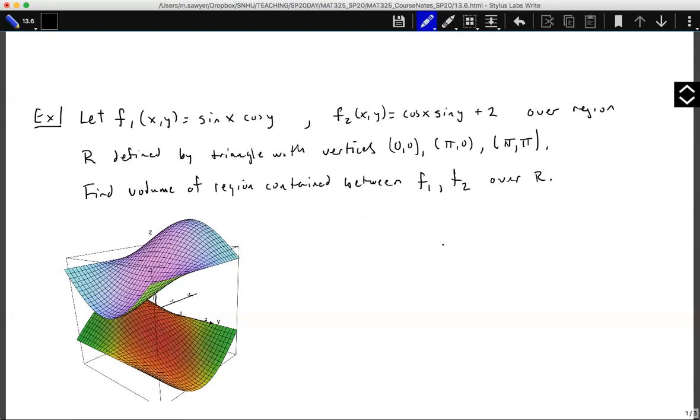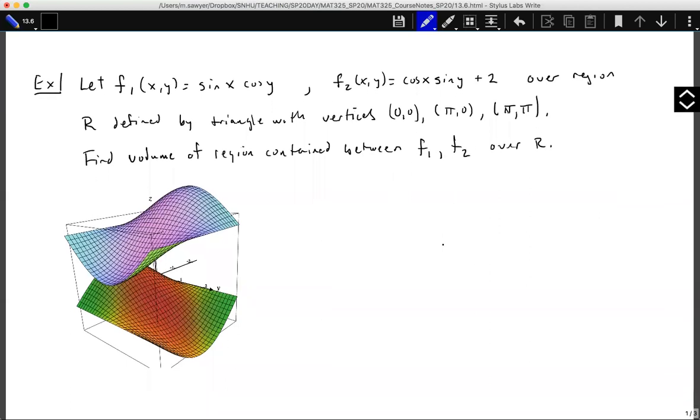Let's suppose that we have two surfaces, f1 and f2. Let f1 be the lower surface and f2 be the upper surface. f1 is sine of x times cosine y, and f2 is equal to cosine x times sine of y plus 2.